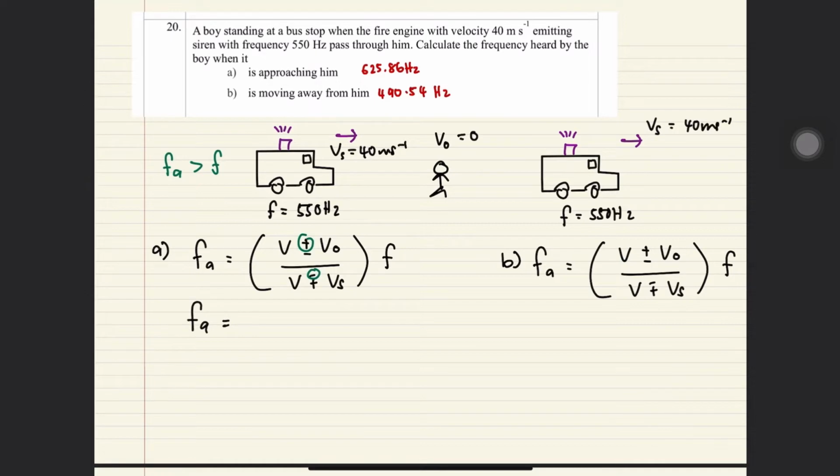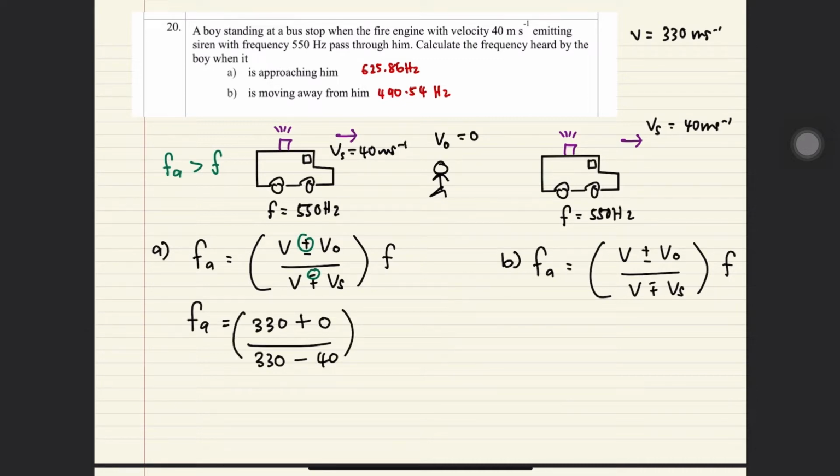FA is equals to V, which is basically speed of sound. Just put this one as 330 meter per second. They should give you inside the question. 330 plus VO, observer, is equals to 0, over 330 minus V of the source, which is 40.